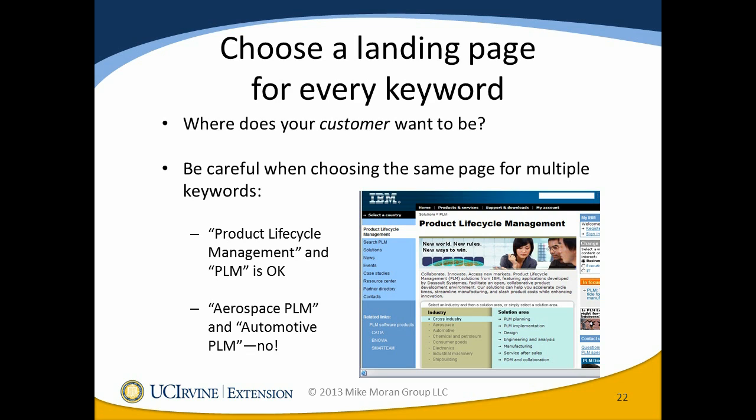It's not possible. There's got to be somebody out there doing a real page about aerospace PLM. There might be a whole site about aerospace PLM. So if this is one of the keywords you want to get results for, you're going to have to deal with the fact that you need to create specific pages for many, many different kinds of terms. If you want these deeper terms, you're going to have to create the content for it. You might not have a page on your site that does this already.